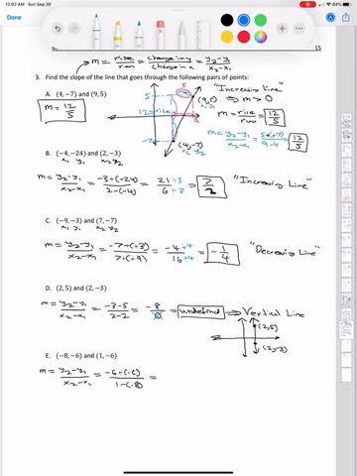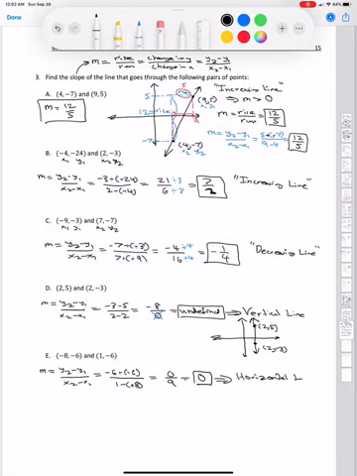As we simplify down, of course, two negatives make a positive. -6 plus 6 is 0. And here we got our 1 minus -8. Well, that makes a 1 plus 8 or 9. 0 divided by 9 is 0. So our slope is 0. Well, if our slope is 0, we have a horizontal line.